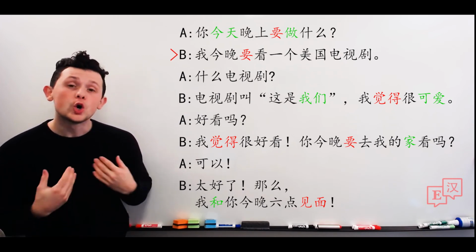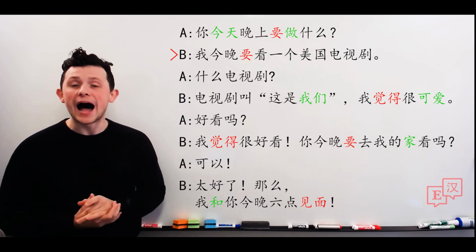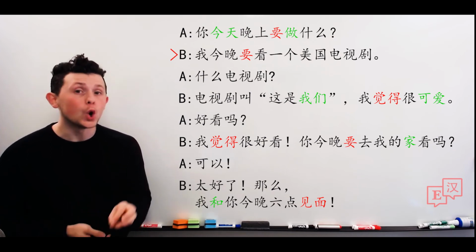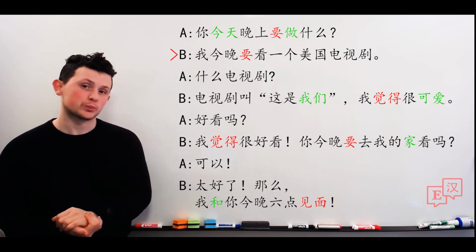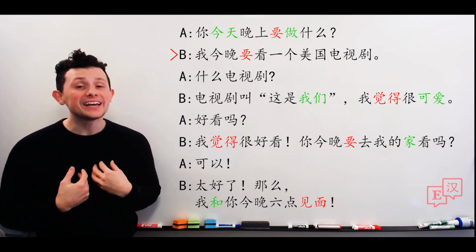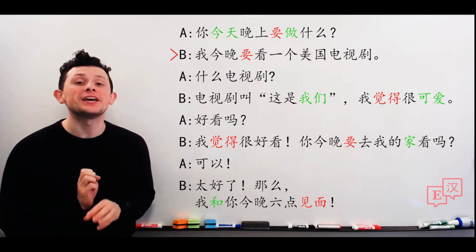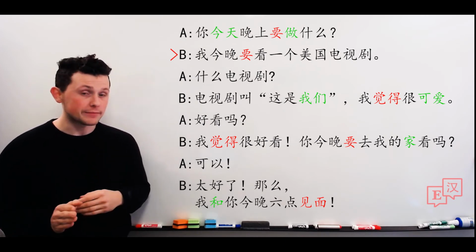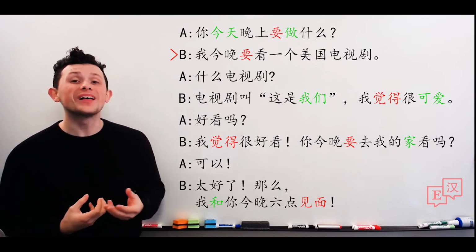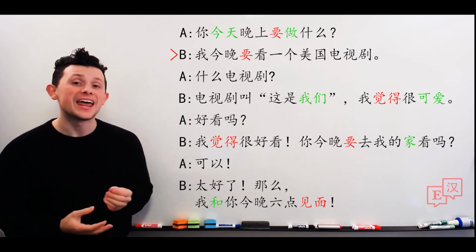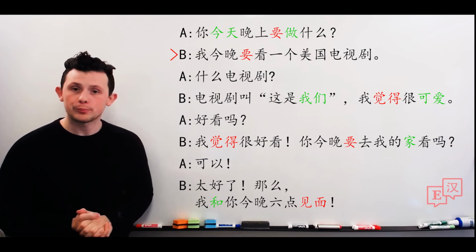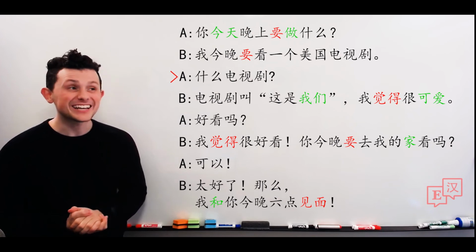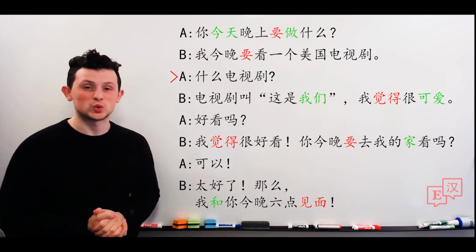So our next line, 我今晚要看一个美国电视剧. So I tonight, 今晚 is an abbreviation of 今天晚上. So again, I tonight will watch an American TV show. Or I will watch a TV show tonight, an American TV show. Next, 什么电视剧?